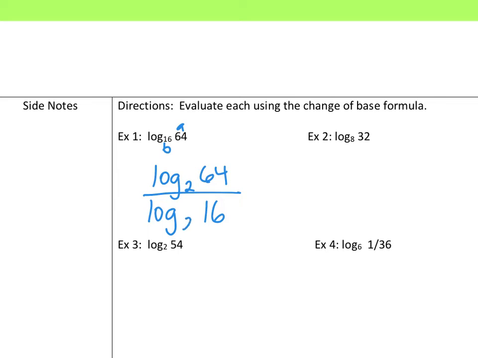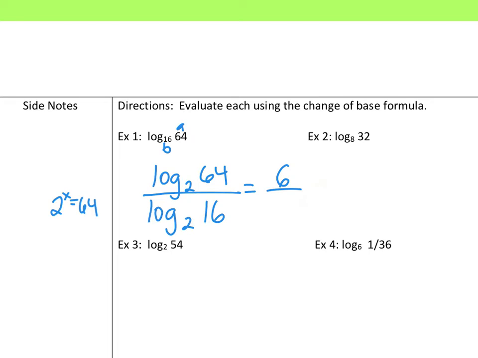2. Okay? How many times do I need to multiply 2 to get 64? Or for instance, if we wrote it like what we've been writing it, 2 to what power is going to be 64? We just did this one. What was it? 6. It was 6. Yep. But if I didn't know that, I would need to just keep doing 2 times 2. Okay, that's 4 times 2, 8 times 2, 16.